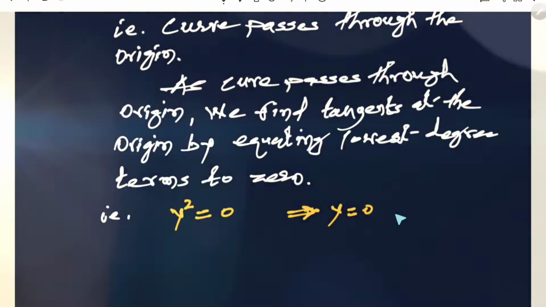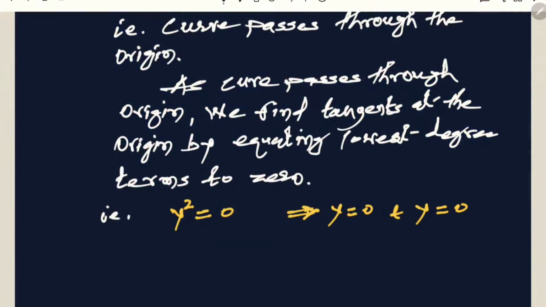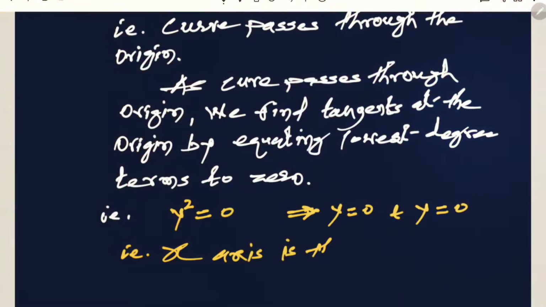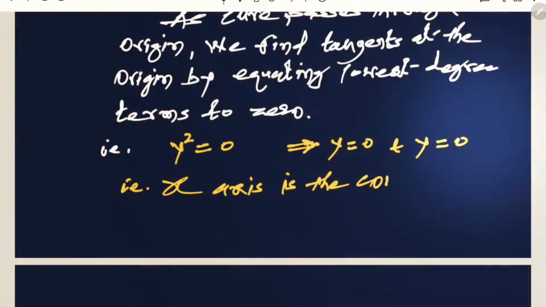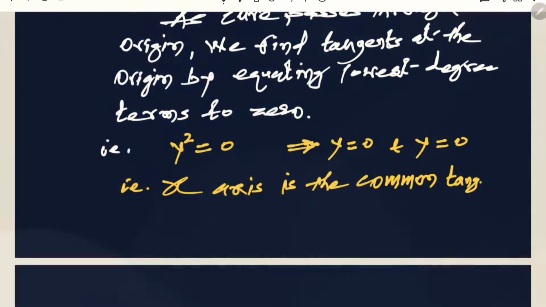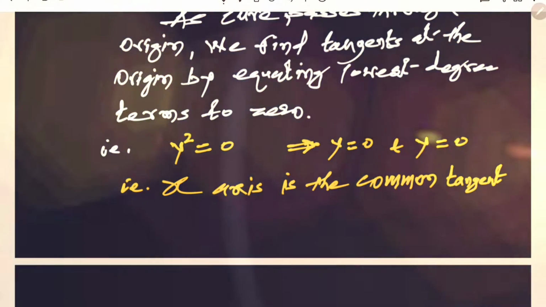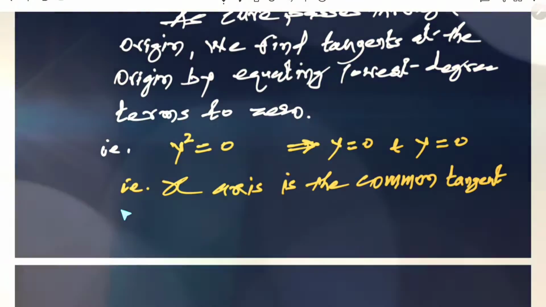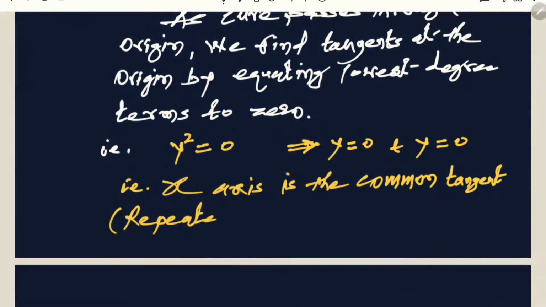What does y equal to 0 represent? It is nothing but the x-axis. Therefore, x-axis is the common tangent or the repeated tangent at the origin. And whenever we get a common tangent or repeated tangent, that point is called a cusp. Therefore, we get a cusp at the origin.